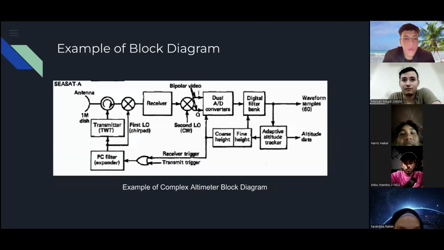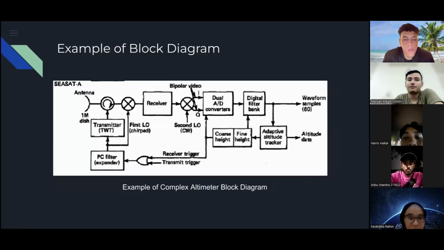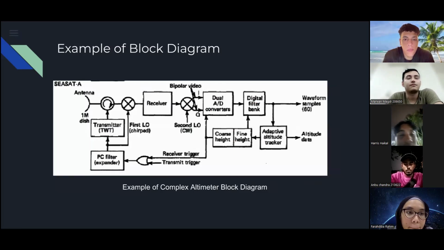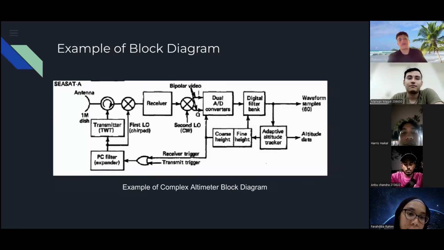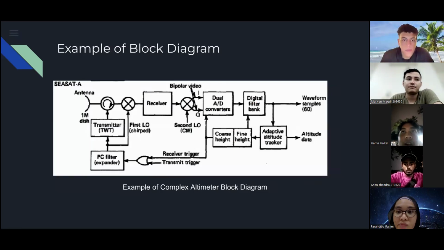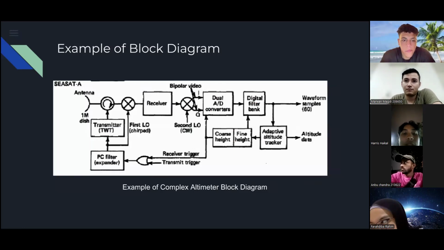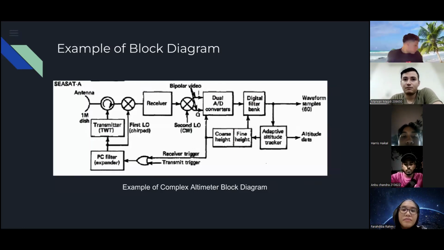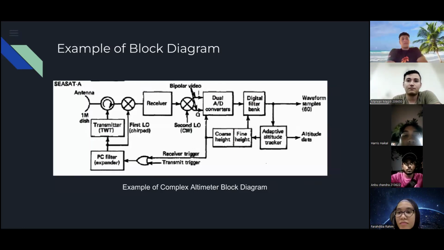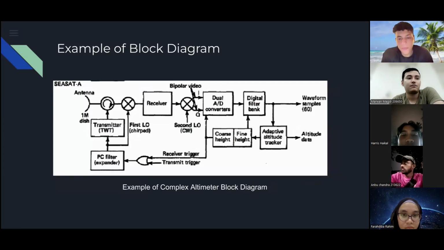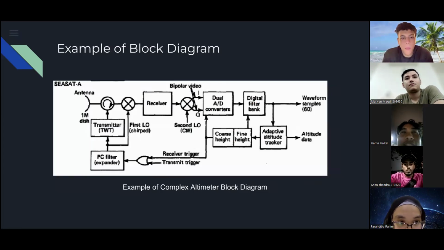So this is the example of the block diagram for the altimeter. This block diagram is quite complex. However, it still contains the important parts for the altimeter control: it has the controller, it has the receiver, it has the actuator, and also it has the feedback.